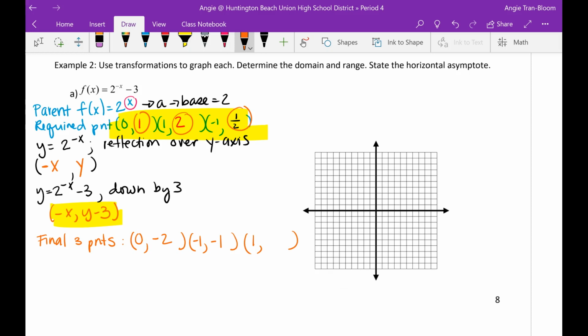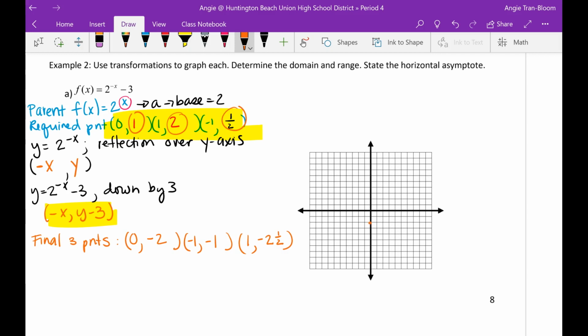Half minus 3 is now -2 and a half. So I'm going to plot those: 0, -2; -1, -1; and then 1, which is now -2 and a half. I have 3 dots.